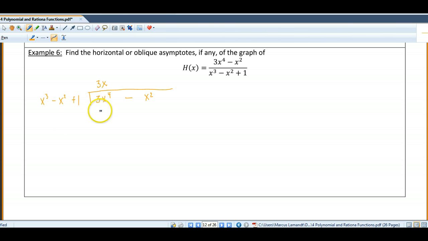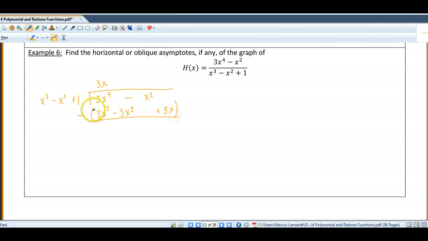You multiply that by everything in here, you end up with 3x to the 4th minus 3x cubed. There's no x squared, so plus 3x. Okay? Then you subtract.